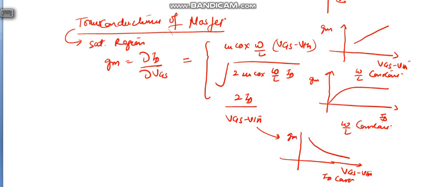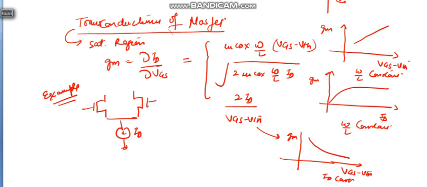Now what is the significance of these equations? We can understand by an example. Suppose you are designing some diff pair and you are taking some ID current. With this ID current you can define some Gm, say with some W by L as its width and length.